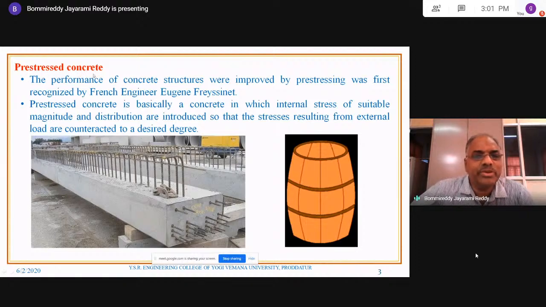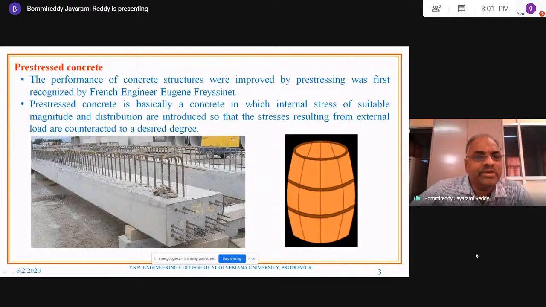So stress is induced prior to the loading. Because of this concept, a lot of improvements are there, and it was recognized by the French engineer Freyssinet. You can call Freyssinet the father of pre-stressed concrete.